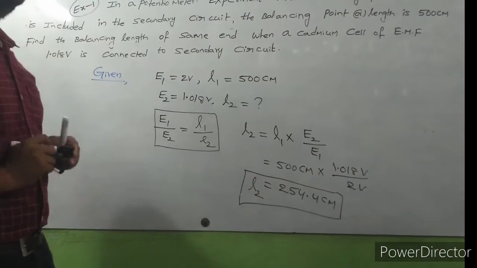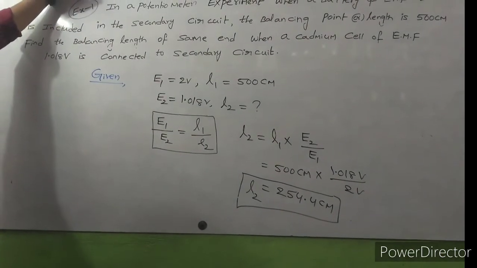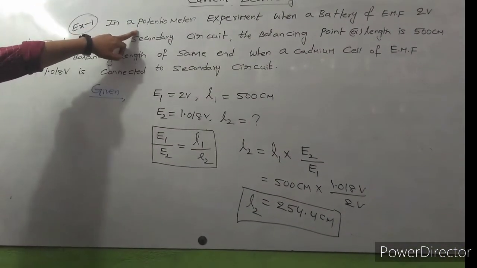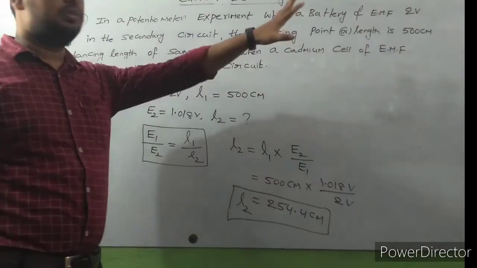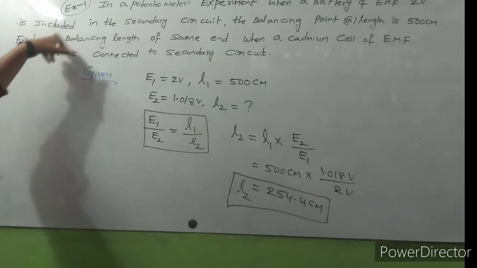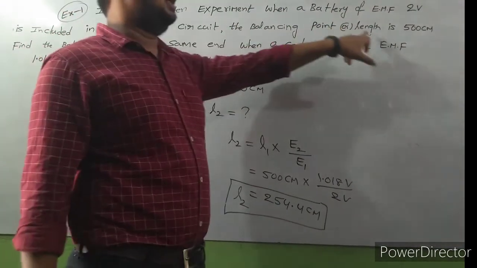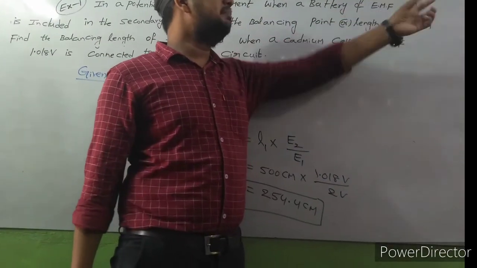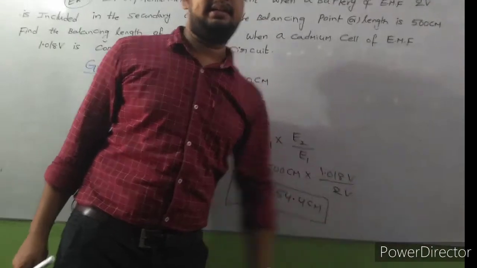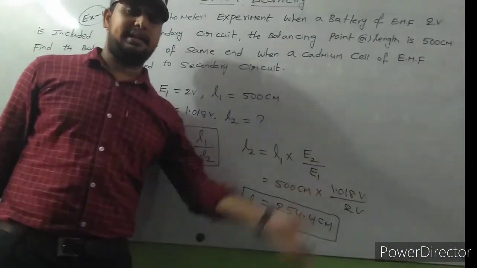So again I recapitulate once, observe carefully. Example 1, in a potentiometer experiment, when a battery of EMF 2 volts, E1 is given 2 volts, is included in the secondary circuit, the balancing length is 500 centimeters. That is E1 equal to 2 volts, L1 equal to 500 centimeters.